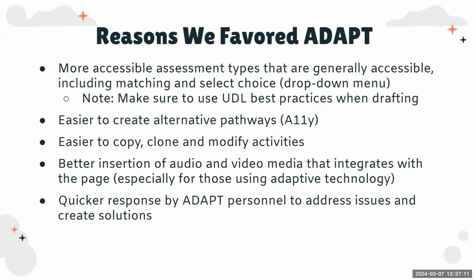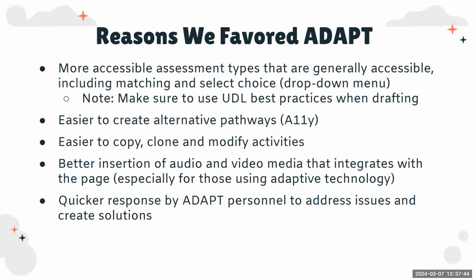So that means we suddenly got back matching questions and drop-down menus. In ADAPT, it's called select choice, but it's that same drop-down menu concept. They're creating more. In fact, if you play with ADAPT and you go into the nursing questions, they have even more options too. And typically, though, you do have to make sure that you're using Universal Design for Learning best practices when you write, using headings, appropriate levels of headings, and the whole 9 yards.